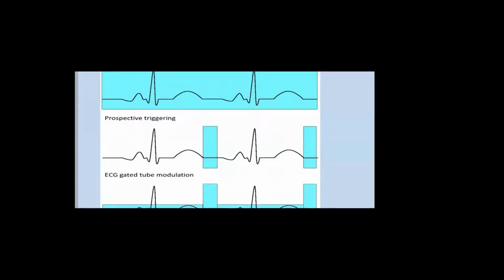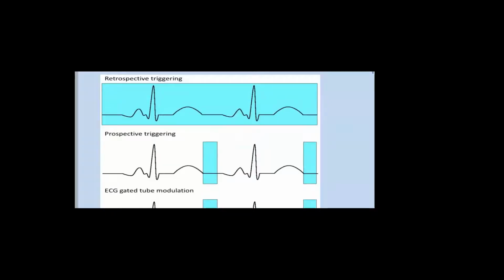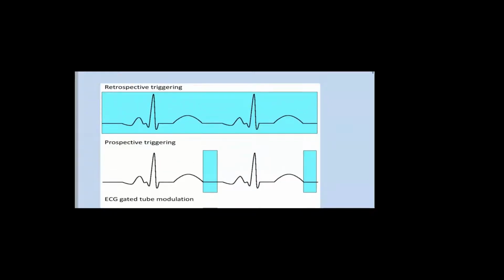Now we have prospective gating and we have retrospective gating. If I show you this one, the initial one is called retrospective gating. What does that mean? That means the machine is scanning continuously throughout the cardiac cycle, during the whole cycle of the ECG.